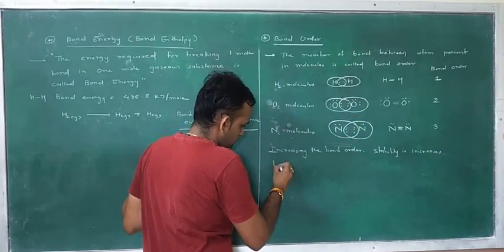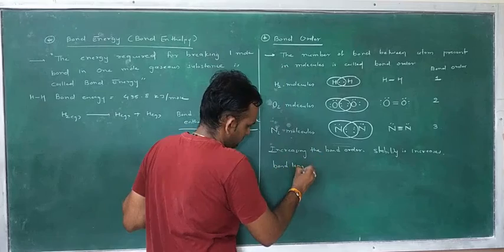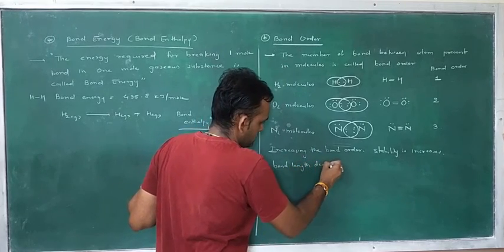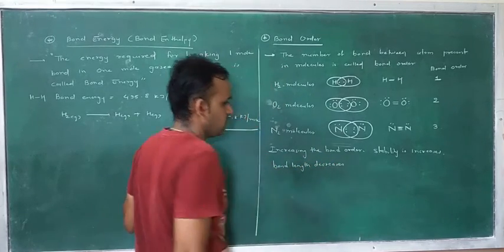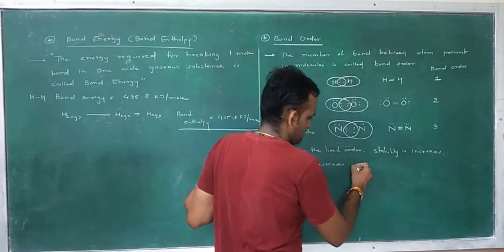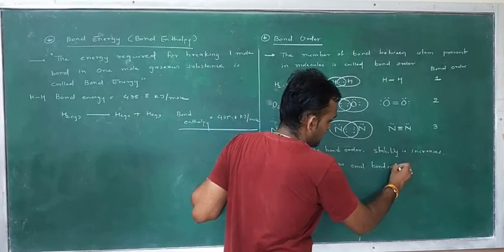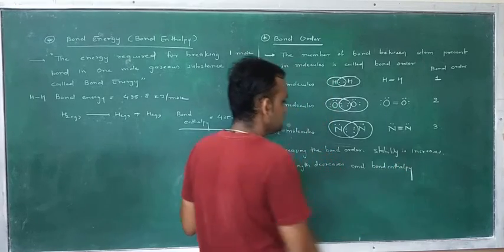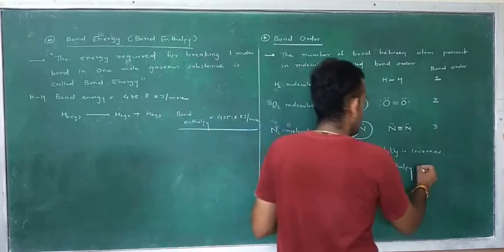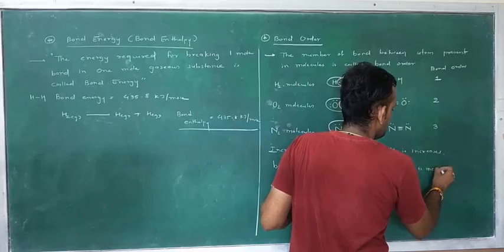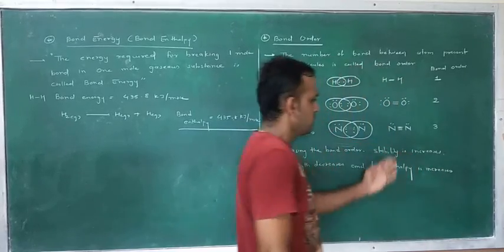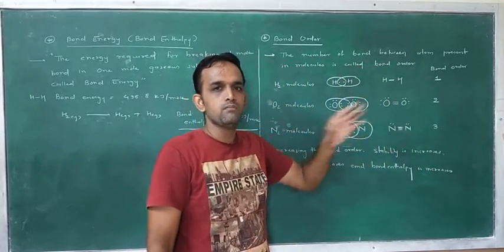Bond length decreases and bond enthalpy is increased. Why? Because to break this bond you require more energy.